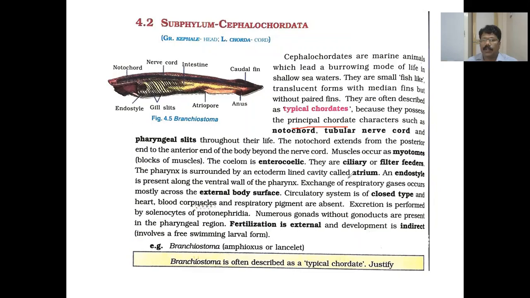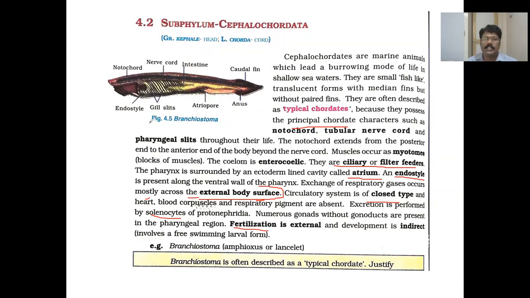And they have atrium, they have endostyle, and most importantly, these are ciliary and filter feeders. And no respiratory organs are present, and circulatory system closed with no heart, blood, and the respiratory pigments. Excretion is performed by the solenocytes, and fertilization is external, and the development includes the free swimming larva.